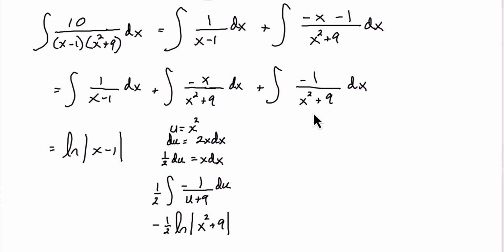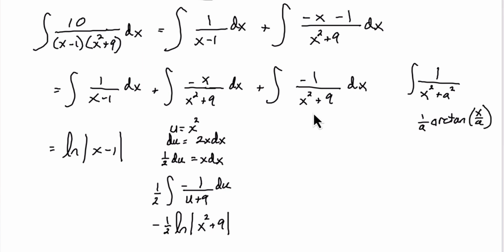This third integral looks something like 1 divided by x squared plus a squared. If you recall, that rule is an arctan rule. Remember, the integral of that is 1 divided by a arctan of x divided by a.